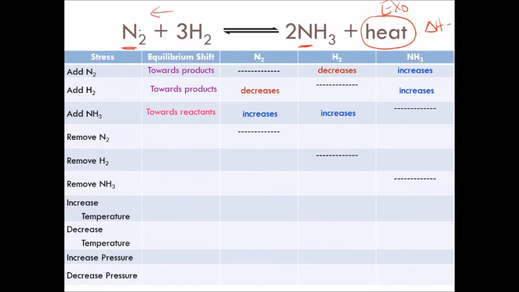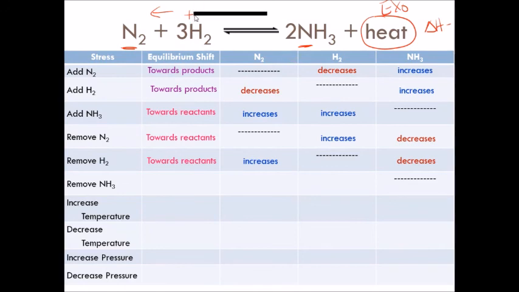That means it's going to want to replace the nitrogen, so it's going to shift towards the reactants. That also means ammonia is going to decrease and the hydrogen is going to increase. So we're adding to this side, so hydrogen increases, ammonia is going to decrease. You kind of get the idea here. Removing hydrogen will do the same thing towards the reactants. That means nitrogen increases, ammonia is going to decrease if we're shifting to the left.